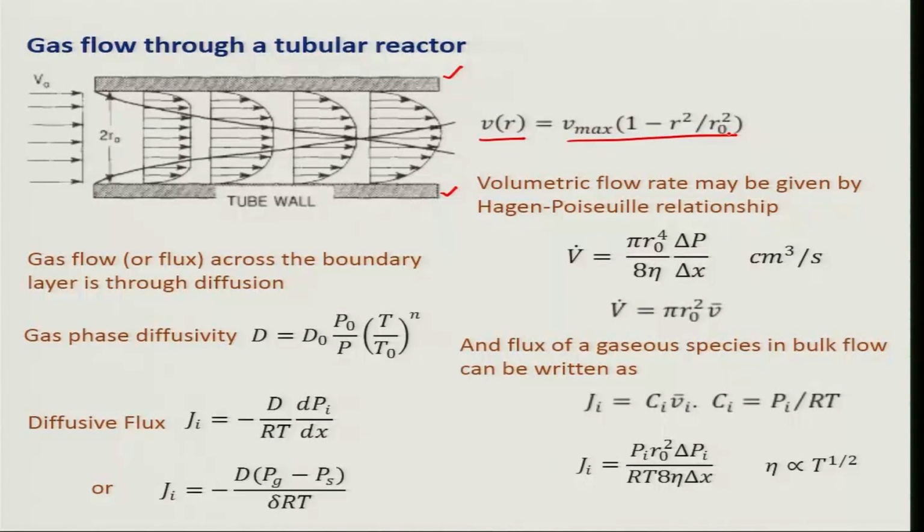Since there are two surfaces, there will be two boundary layers forming, and at some point these boundary layers from both sides will cross, and from here onwards the developed flow will remain constant.